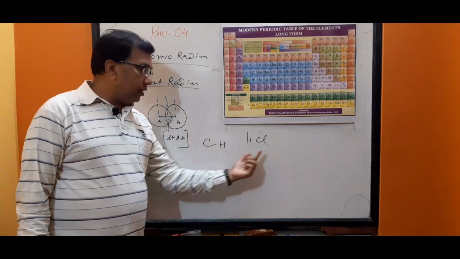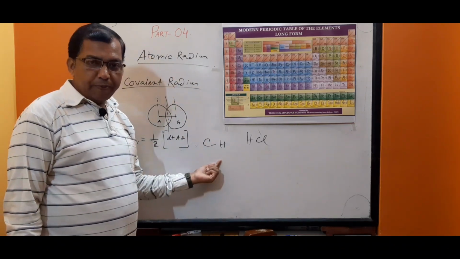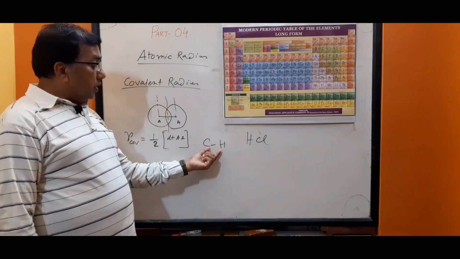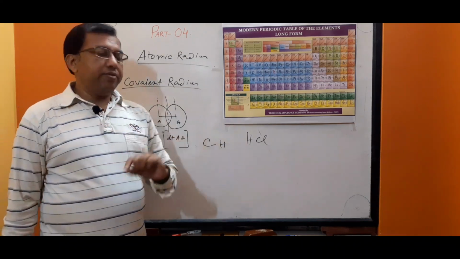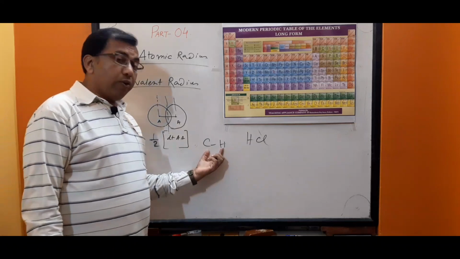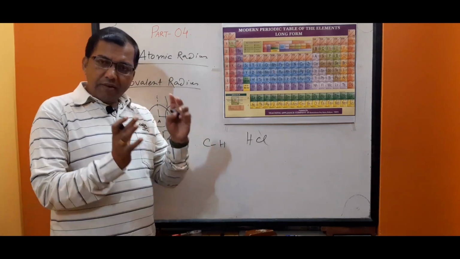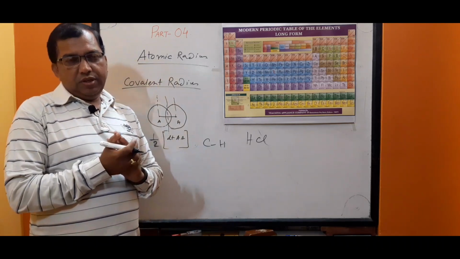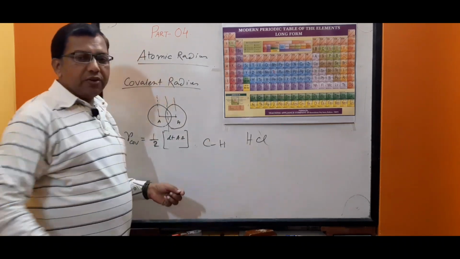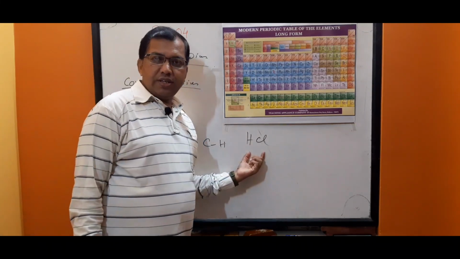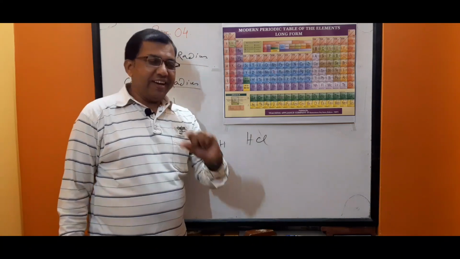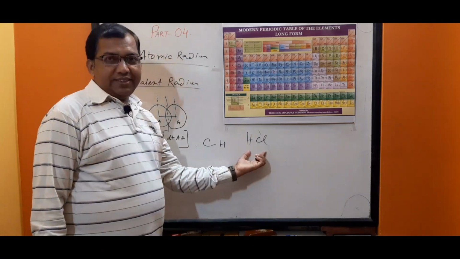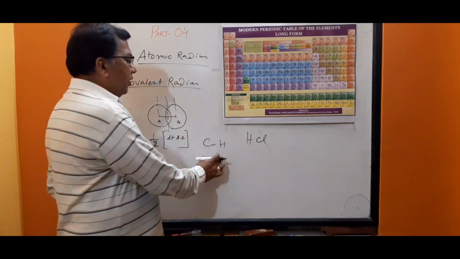So it will be two types. Suppose different atoms with the same electronegativity, and in this case different atoms with different electronegativity. So what will be the covalent radius of these two atoms?